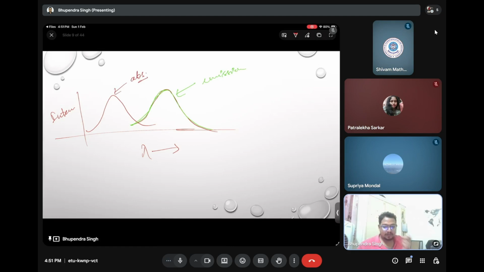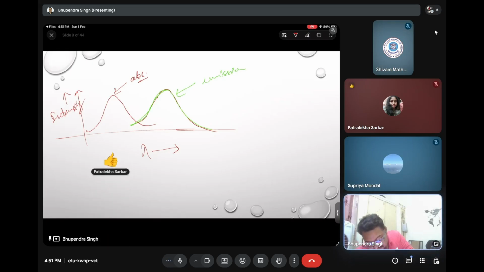So have I indicated correctly or not? Just tell me that first of all. Or have I indicated it opposite? So whatever I have said, the absorption is the first one, emission is the second one. So you are also agreeing with this. Yes, perfect.